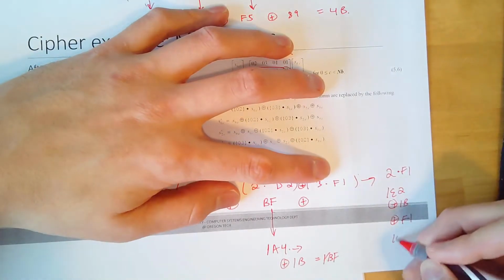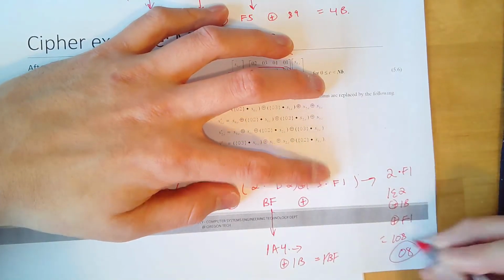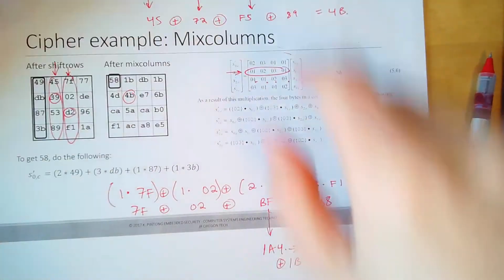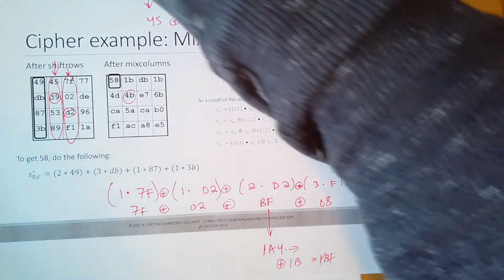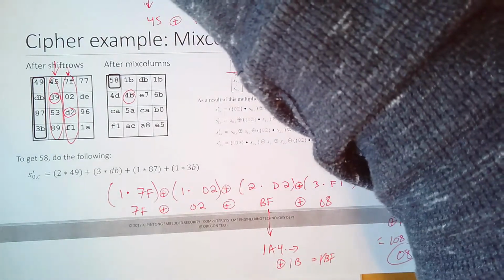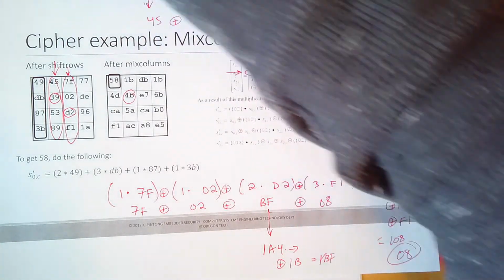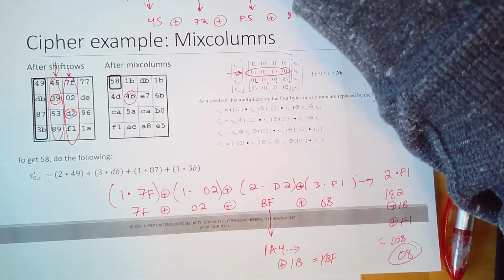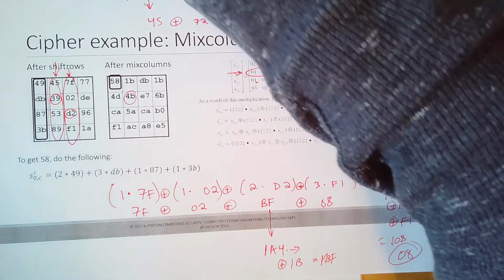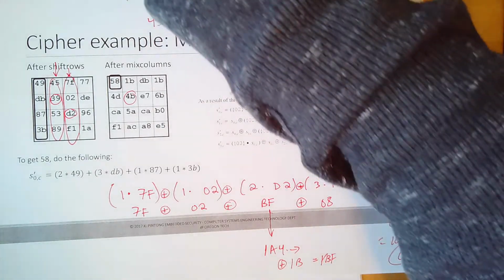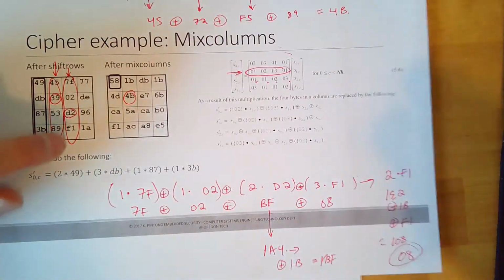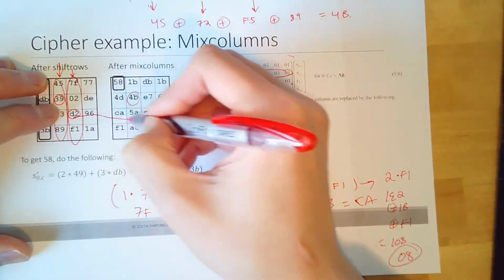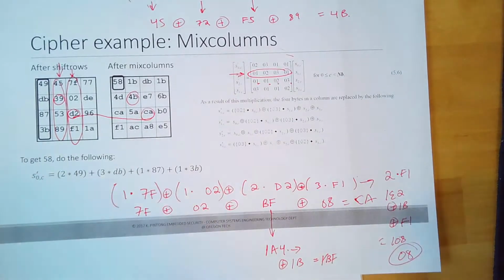Drop the 1, leaves us 08. Now we XOR these values together. 7F XOR 02 XOR BF XORed with 08 gives us the value CA. D2 becomes CA. Okay.